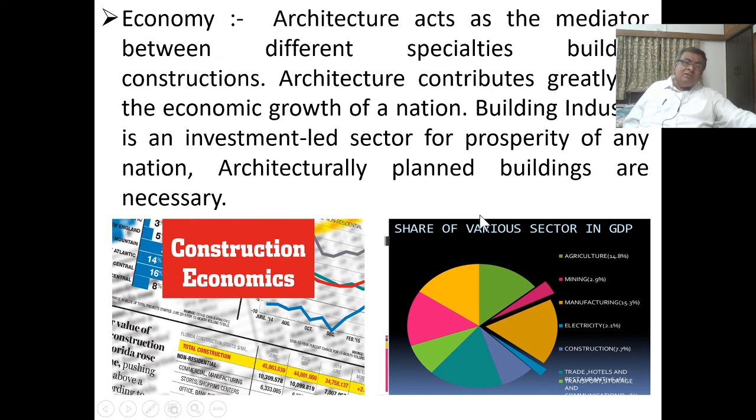Now here we can see, agriculture contributes nearly 14% of the GDP and construction contributes about 7.786% of the GDP, that is gross domestic product. Next to construction there is trade, hotels and hospitality buildings.